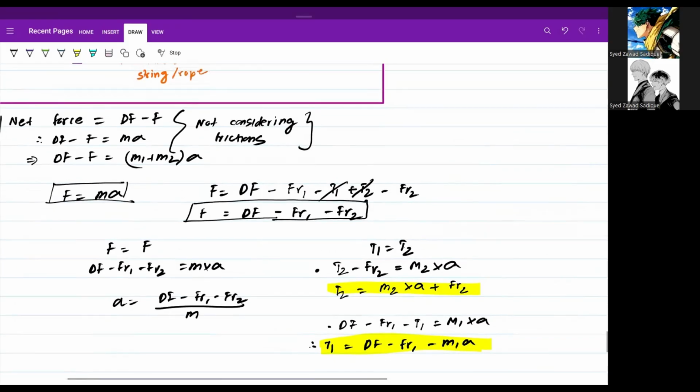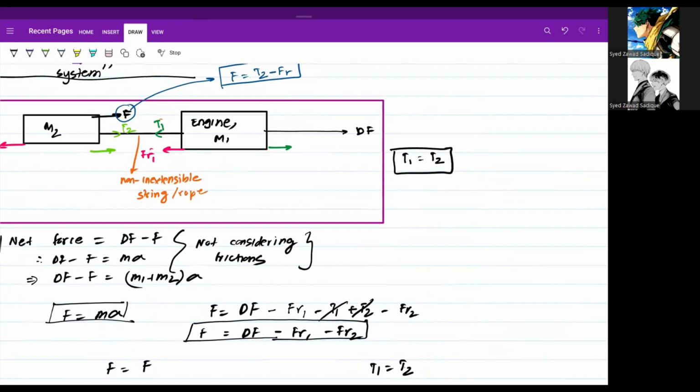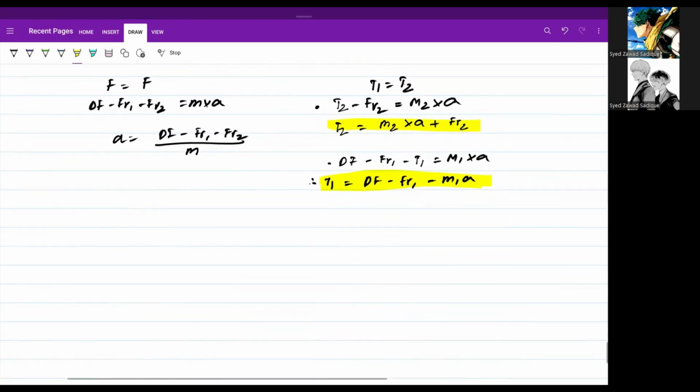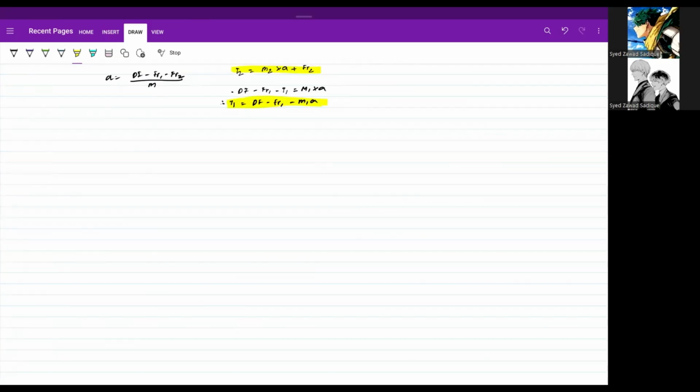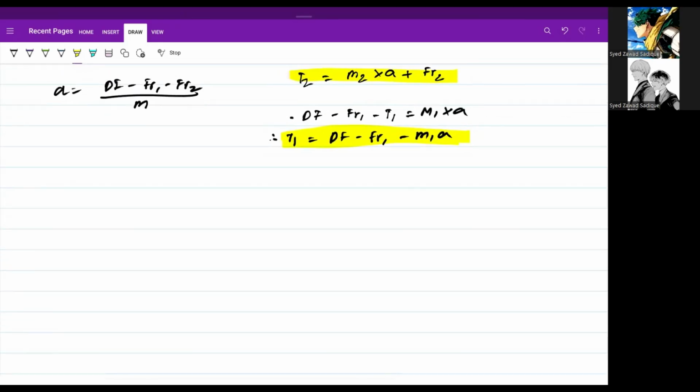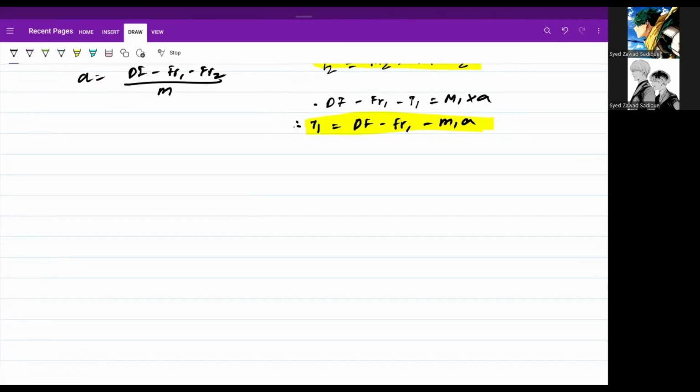So this is finally the pulley problem. Finally we come to a conclusion, which is not technically a conclusion, because pulleys can be of many types.